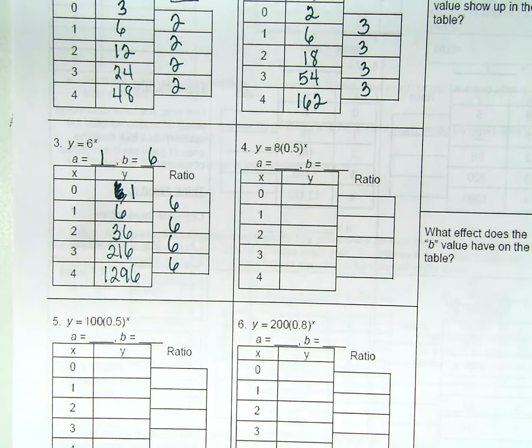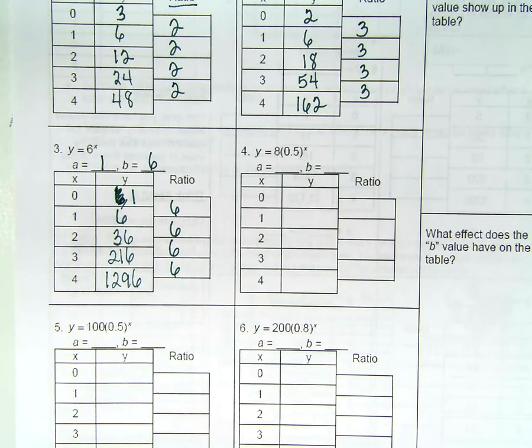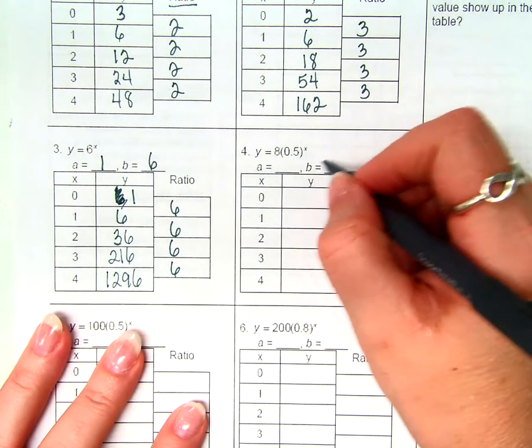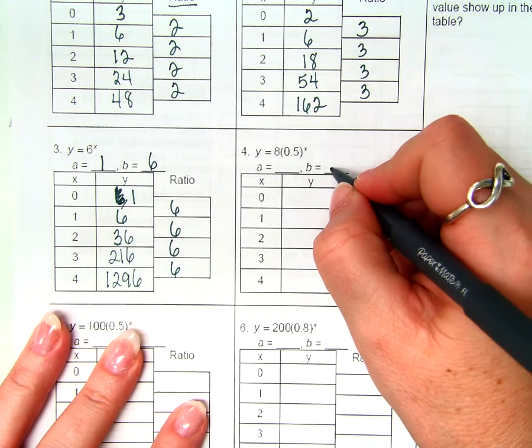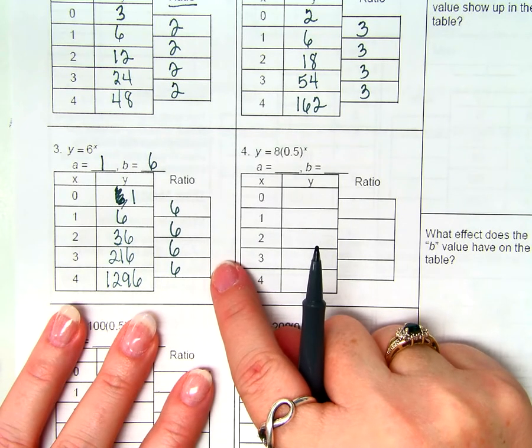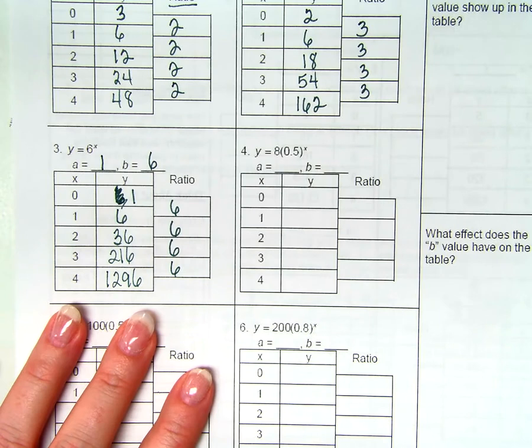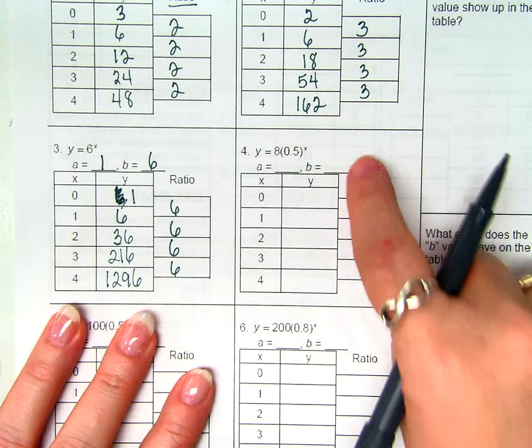What about number 4? How do I tell the difference between my A and my B? Perfect. B has an exponent. So what is B in this problem? Oh, sorry. Go back to the number 3. We observe things, and then what do we say? Okay, now to 4.